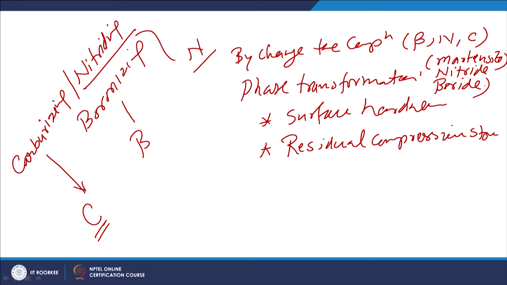Because of their high hardness, the surface hardness of the modified component is increased, and the transformations occurring with the increase of specific volume result in residual compressive stress formation at the surfaces.